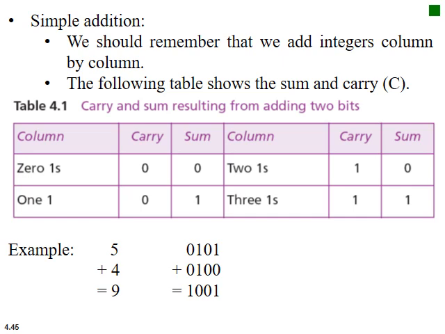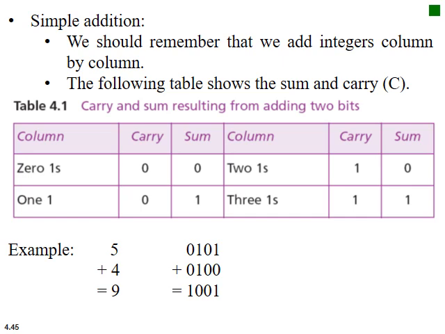Right, so just to bring you up to speed again, we know how to do simple addition. Now we should remember that when we add integers, we can do it column by column, just as we are able to add simple integers. So the following table shows the sum and the carry.